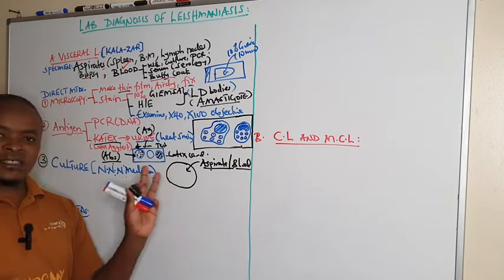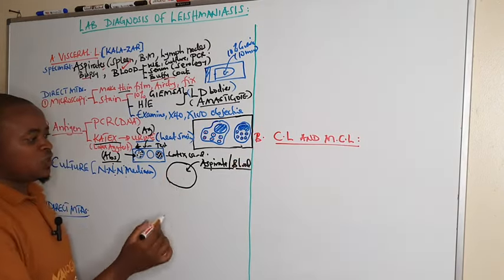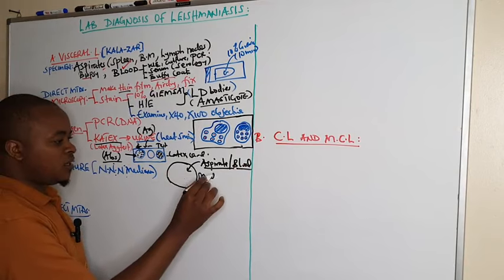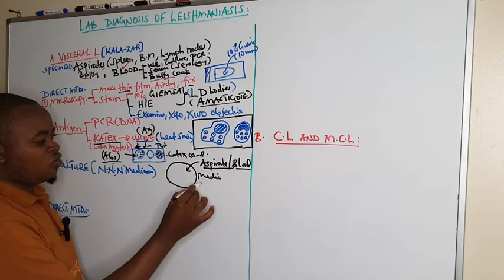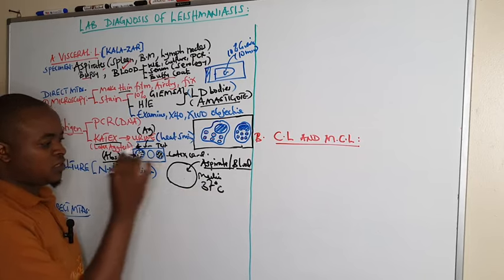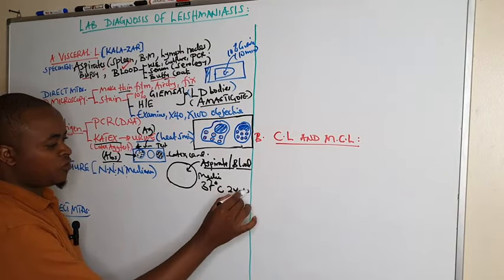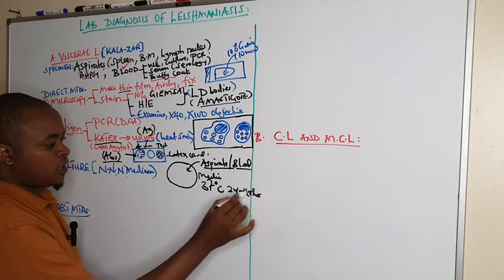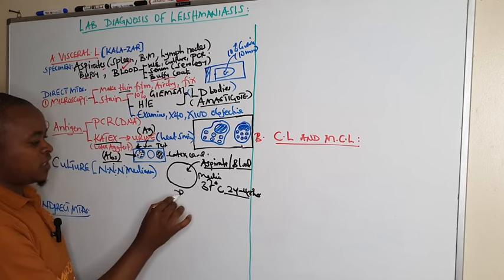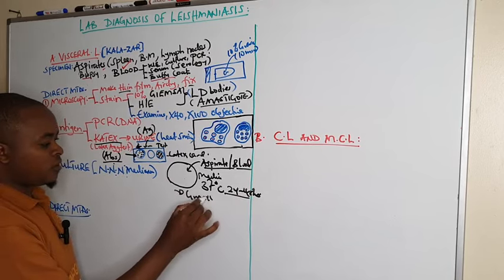We aseptically inoculate it on this culture media, and then we incubate at 37 degrees centigrade for 24 to 48 hours. After that, we examine for growth.